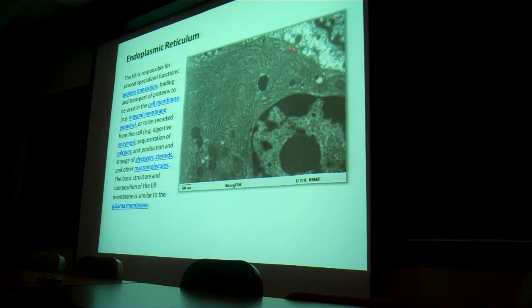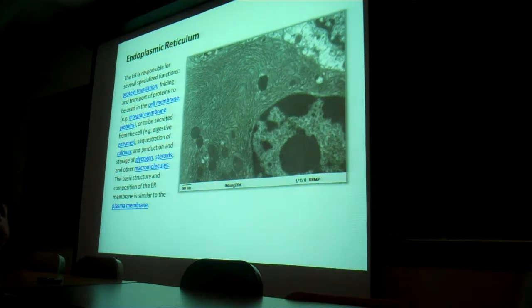But this is a much more realistic picture of a cell, especially a cell that makes lots of proteins, something like a pancreatic cell that's making lots of digestive enzymes. It's got to have a lot of rough endoplasmic reticulum to make all those proteins and keep making them. These are all little ribosomes here on the endoplasmic reticulum. All these little bumpy areas, those are all ribosomes. So every one of those is turning out proteins all the time.